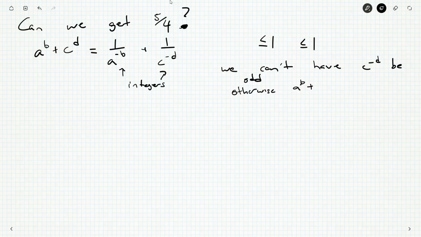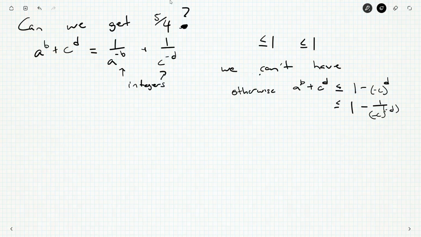Otherwise, A to the B plus C to the D would be less than or equal to 1 minus 1 over negative C to the negative D. So we can't have D be odd.